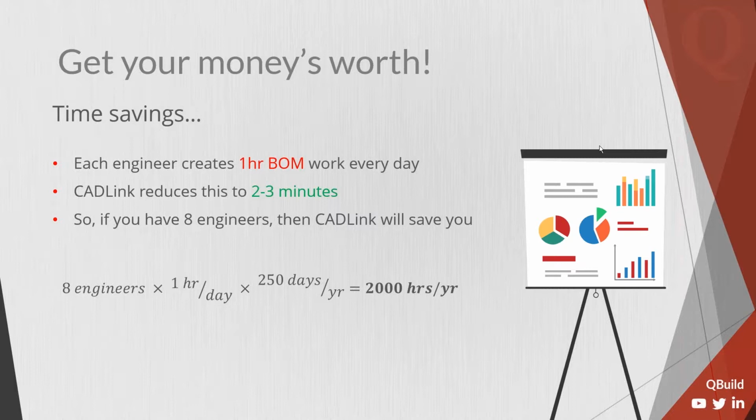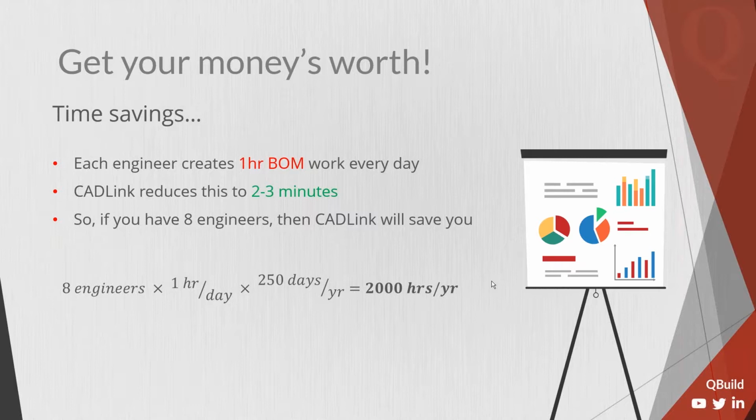So given those numbers, if we're talking about 8 engineers, then it's potentially 8 hours a day. By 250 days a year, we're talking about time savings of almost 2,000 hours per year.